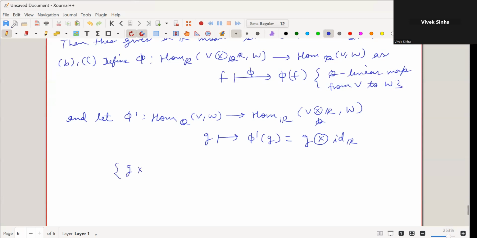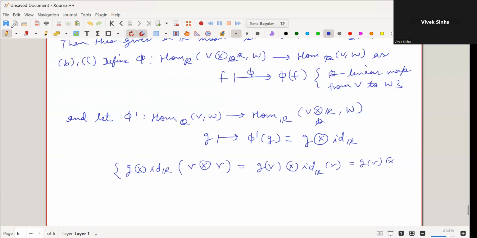So g tensor identity of R will map an element, say small v tensor R, to just g(v) tensor identity of R, right? And then g(v) is coming from the map V to W, so it's well defined. It's inside W already.